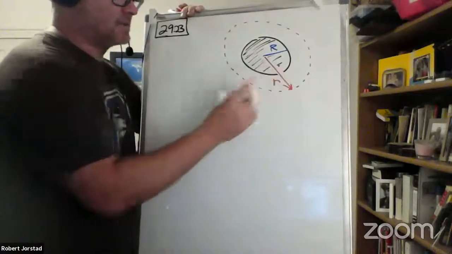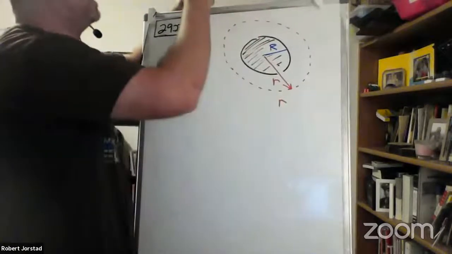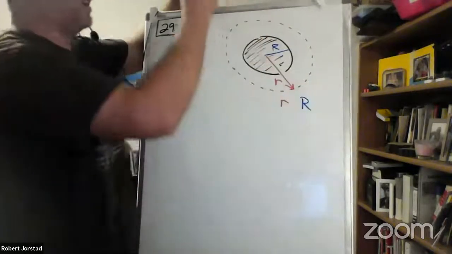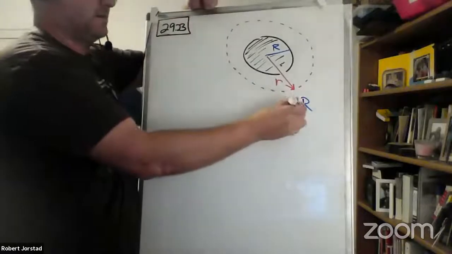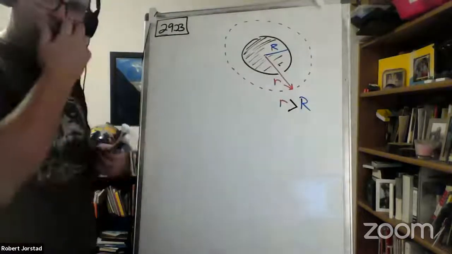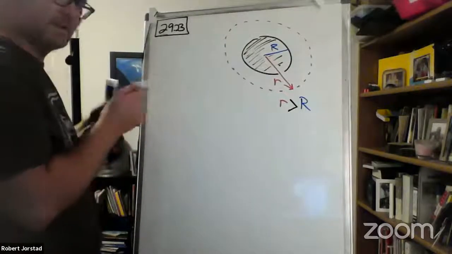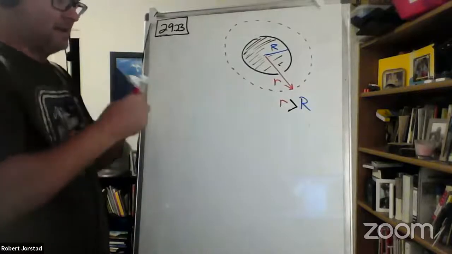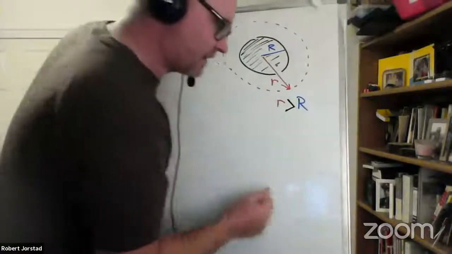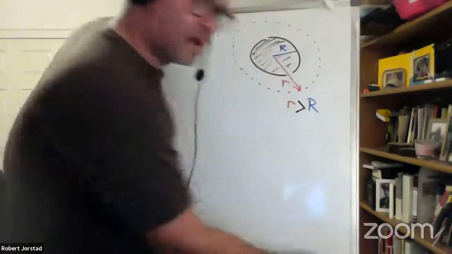So I want to point out this radius I'm going to call little r. Notice little r is bigger than big R in this case, so we're outside the wire. For this first problem, which way is the magnetic field pointing? Does it say which way current flows? Into the page.